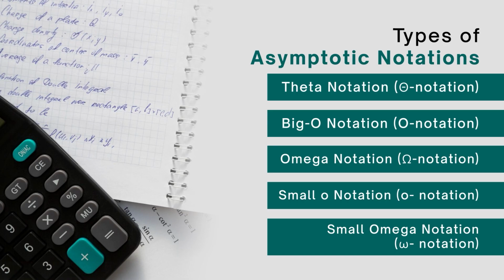Theta notation gives the average case, big O notation is the worst case analysis, omega notation is the best case analysis, and the stricter version of worst case is the small o notation, and in best case the small omega notation is the strict version.